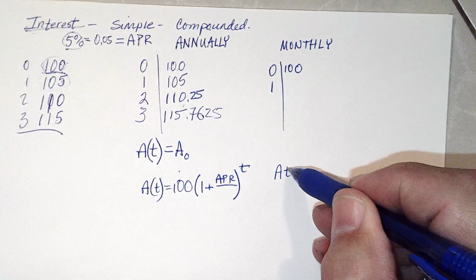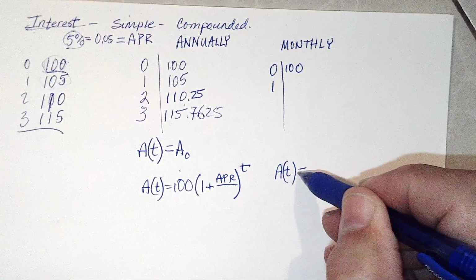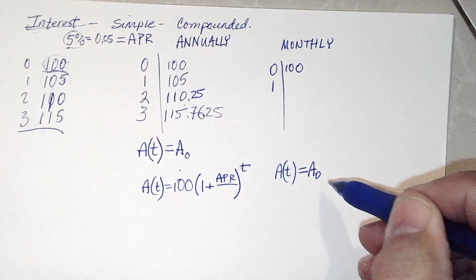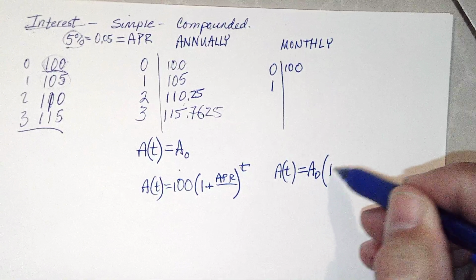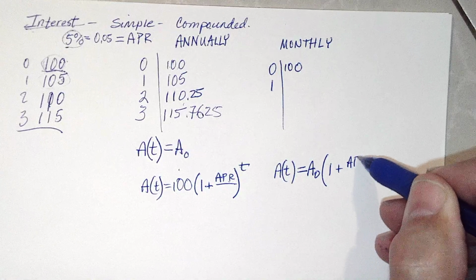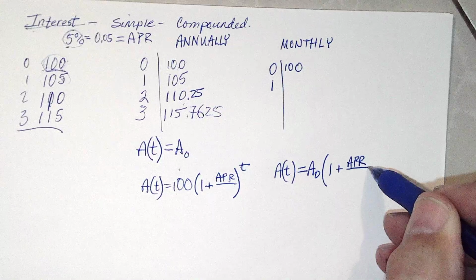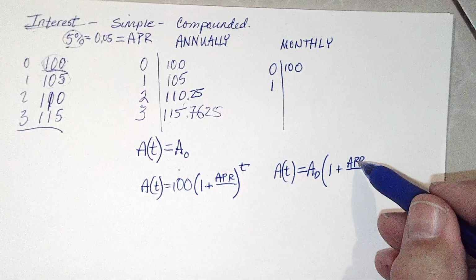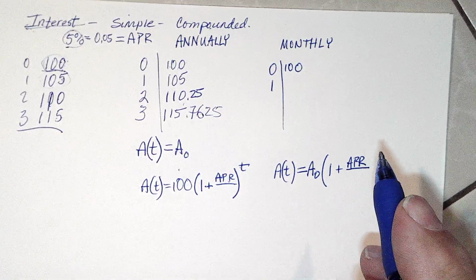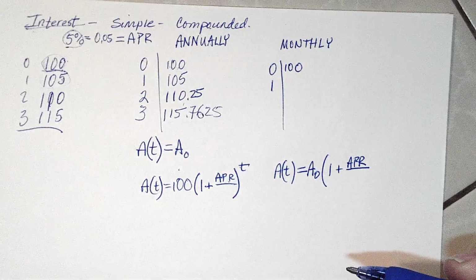The amount we get after some time is going to be the starting amount times 1 plus the APR, the interest rate, divided by, you're not going to get the full 5% in 1 month. It takes a whole year.